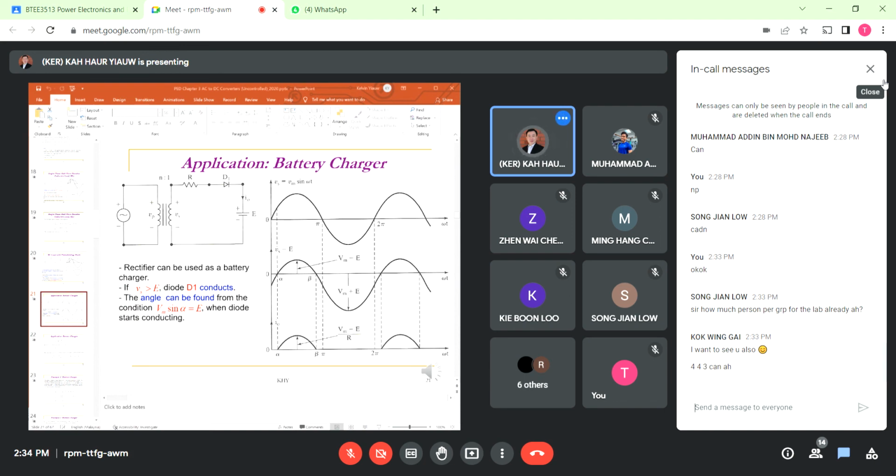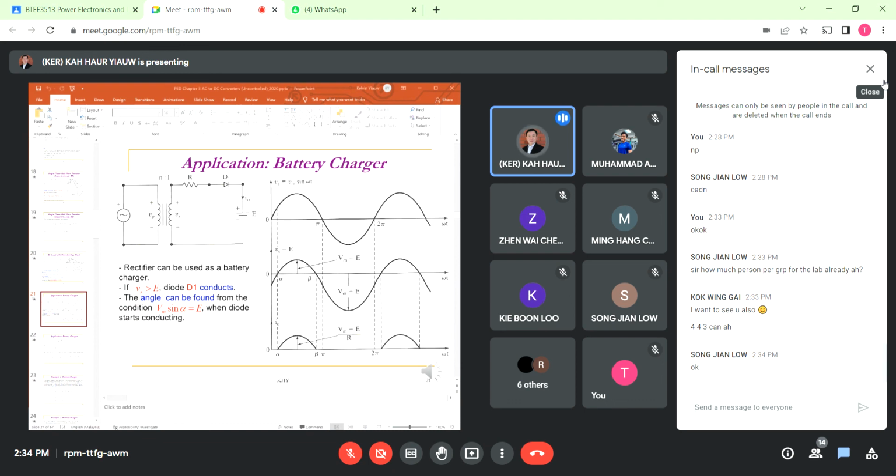So each section has 2 groups attending the lab per week. Our lab should start next Tuesday, so next Tuesday I will see you in the lab from 3 to 6.